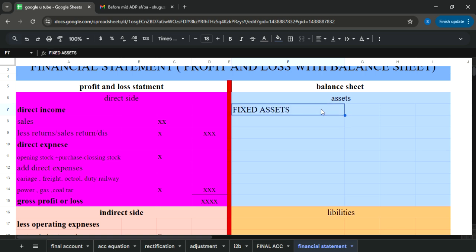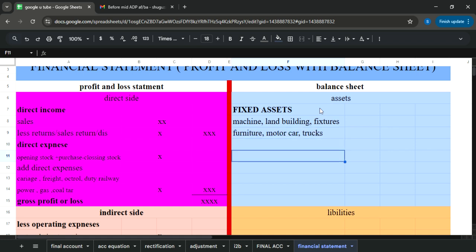Fixed assets means those assets which you will have for a longer period of time, like you will have machine, land, building, fixtures, furniture, motor car, trucks, and etc. Beside this, you will write your current assets over here in the second column.